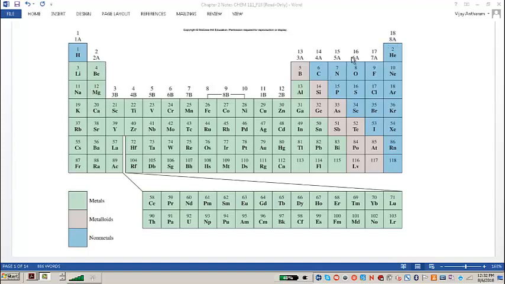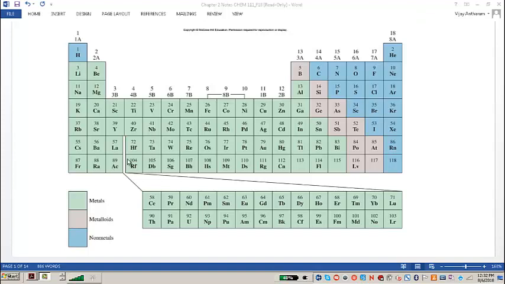I'll skip over here to group 16 or group 6A. Oxygen, sulfur, and selenium are going to be -2, but be careful because sulfur and selenium can have different charges. Unequivocally and almost universally, the halogens, group 17 or group 7A, will be -1. And then the inert gases, also known as the noble gases, are going to have charge 0. So these will not form ions.